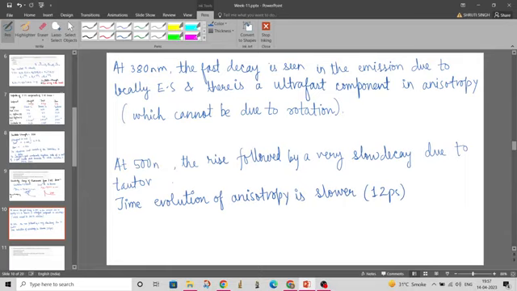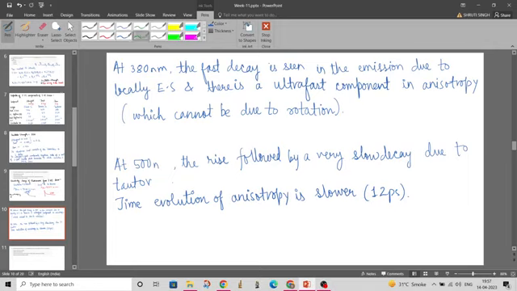And in the red edge, we see that the anisotropy evolution is also slower, around 12 picosecond. So this slower decay can be assigned to the rotation of the molecule.